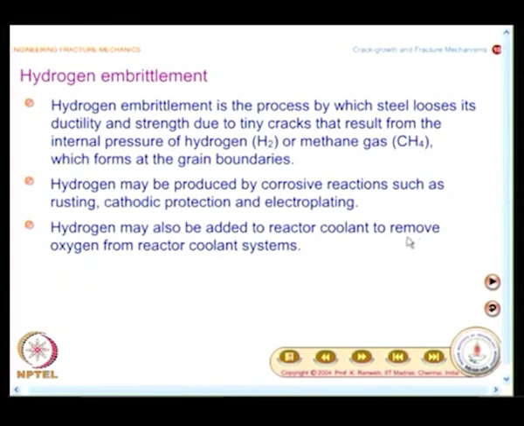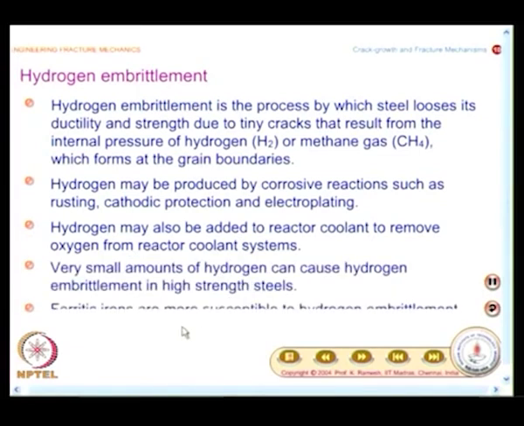Though it is used to remove oxygen, it adds to hydrogen embrittlement. So, you get one benefit, you get a disadvantage because of using that. Duality always exists, there is nothing like one is always good or one is always bad, you always have a mixture of these two.